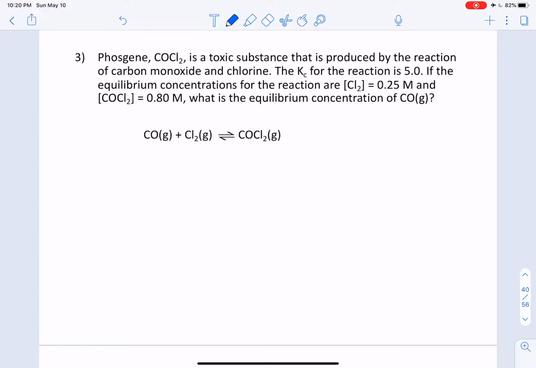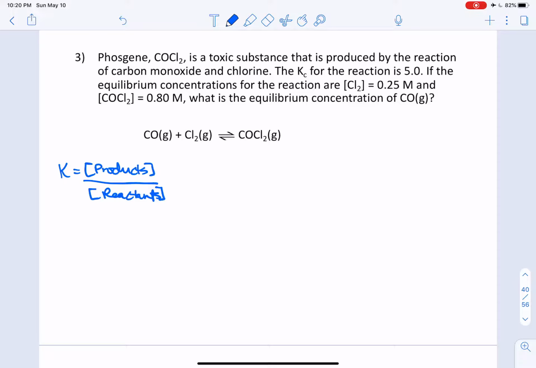Okay, math problem coming your way. But first of all, let's remind ourselves that K is equal to the concentration of our product or products divided by the concentration of our reactants.